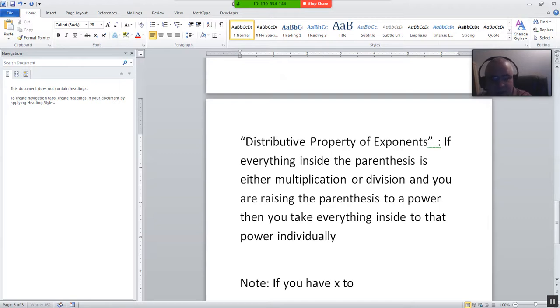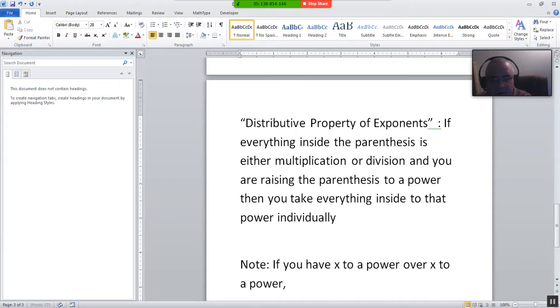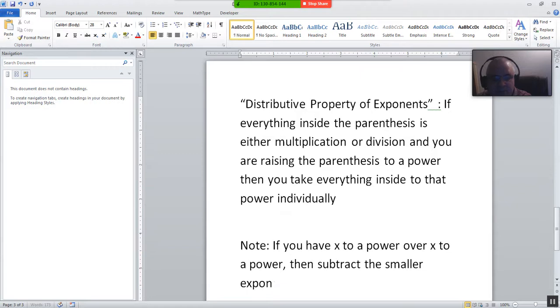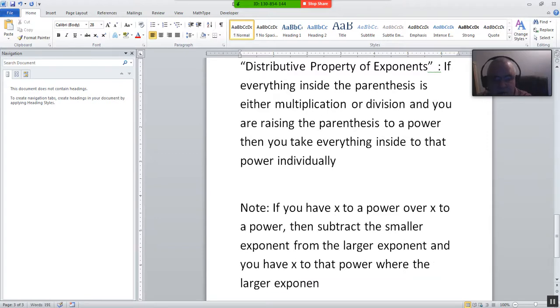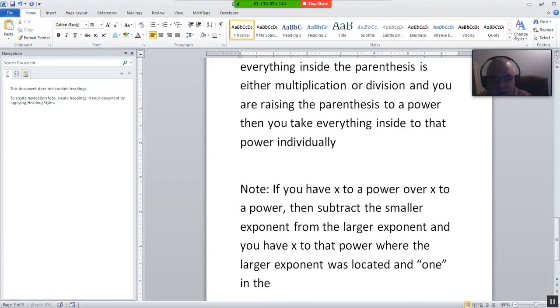If you have x to a power over x to a power, then subtract the smaller exponent from the larger exponent, and you have x to that power where the larger exponent was located, and 1 in the other part of the fraction.